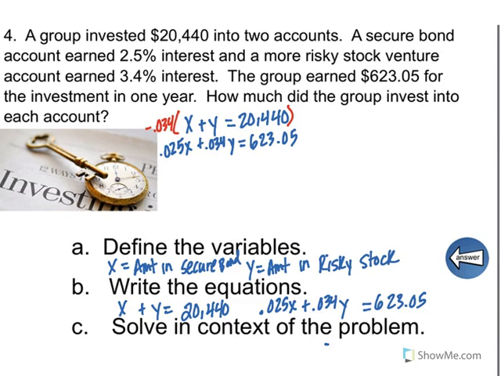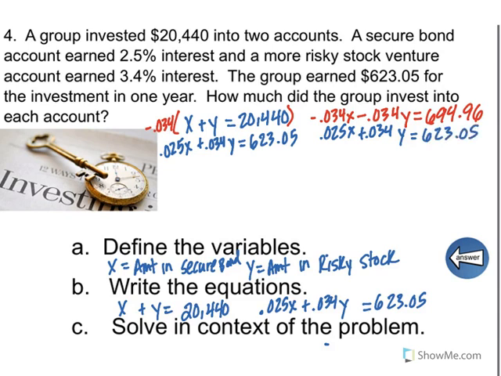My top equation is going to change, so it's going to become negative 0.034x minus 0.034y is equal to, and then the only calculation I need to do here is multiplying the decimal, which gives me 694.96.